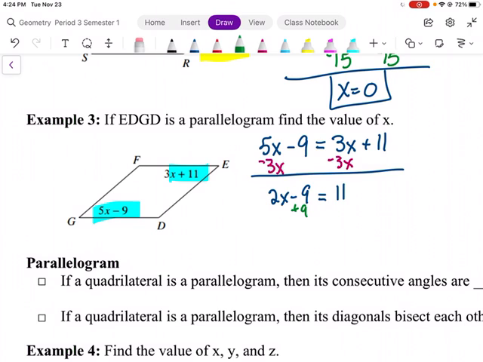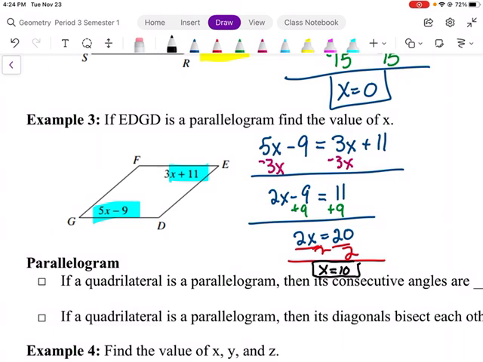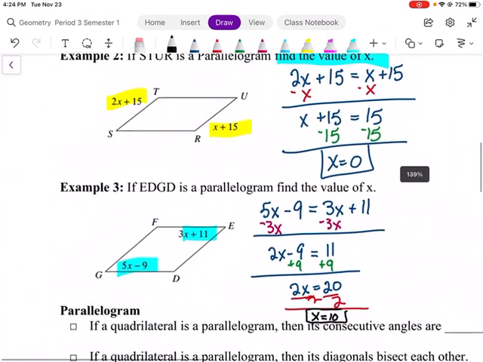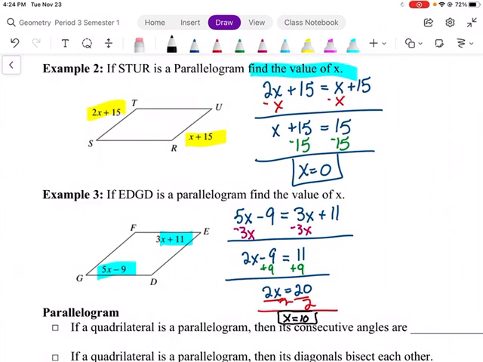Add 9. 2x equals 20. And our last step, divide by 2. And our final answer would be x equals 10. So if you didn't get those two correct, you can pause it and copy down the work so that you have it correct in your notes.